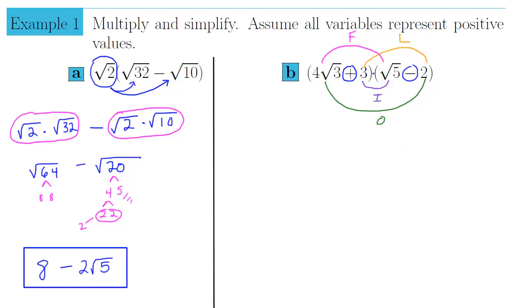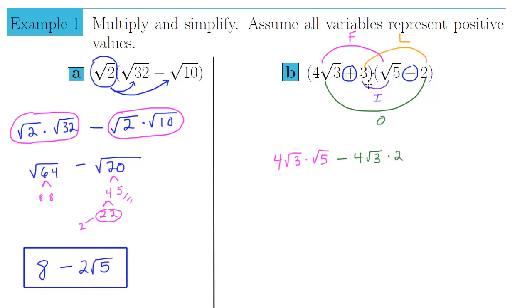When you multiply the first terms, you take 4 root 3 times root 5. So let me write that. 4 root 3 times root 5. The outer term is going to give me a 4 root 3 times a negative 2. So minus 4 root 3 times 2.